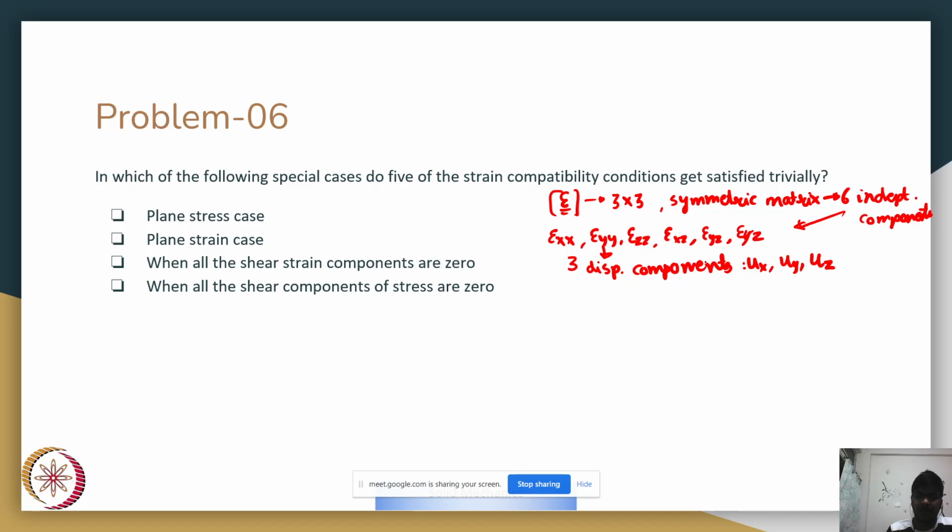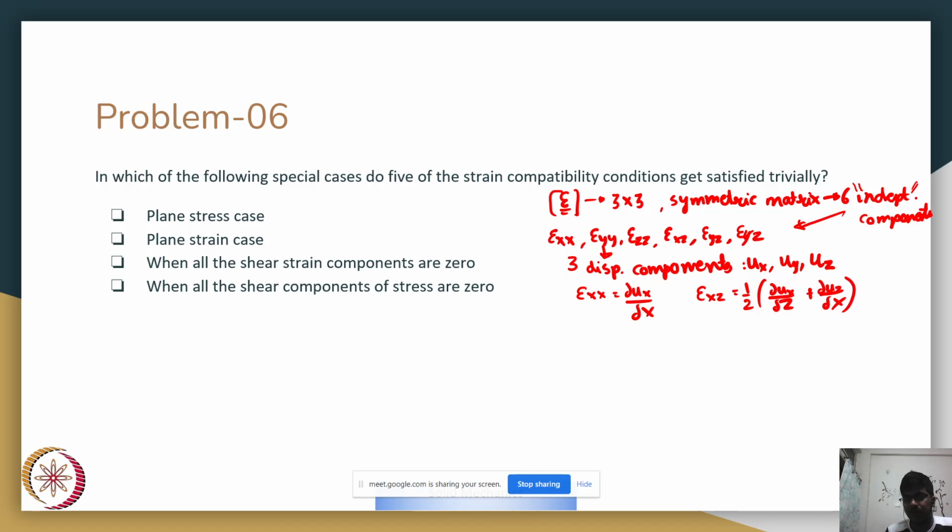So while the matrix form may suggest that we have 6 independent components, that is not the case, because, say, epsilon xx will be dou ux by dou x, whereas epsilon xz would be half of dou ux by dou z plus dou uz by dou x.